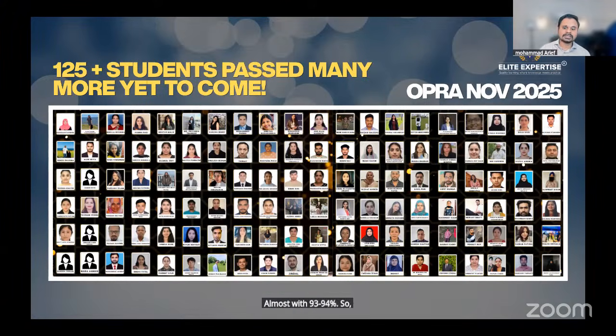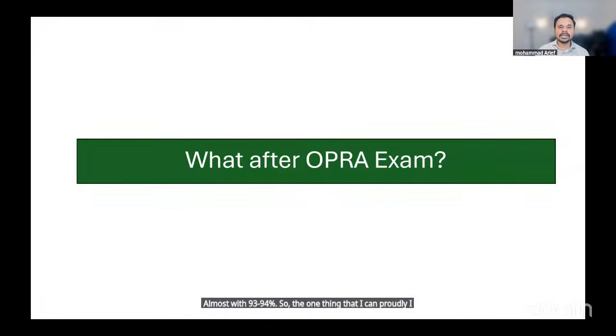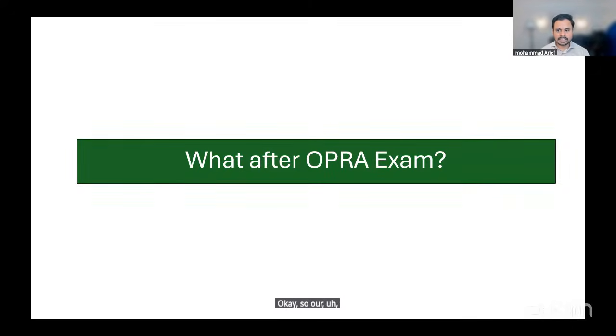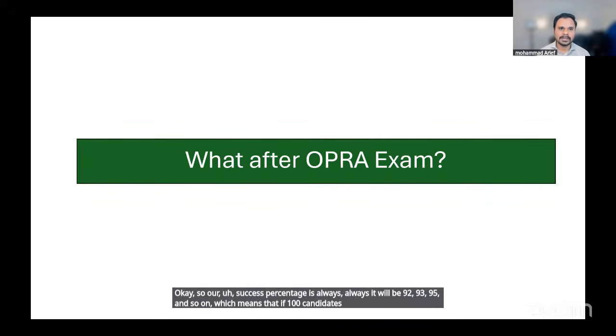One thing I can say is that at Elite Expertise we have always maintained that percentage. Our success rate is always 92, 93, 95%, which means that if 100 candidates appear for the examination, 95 of them can easily crack it in the first attempt.